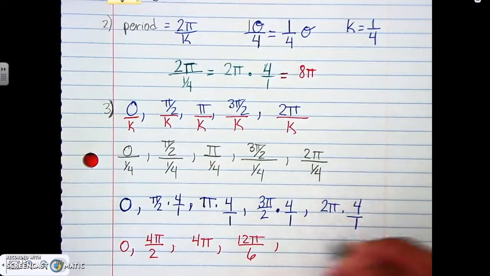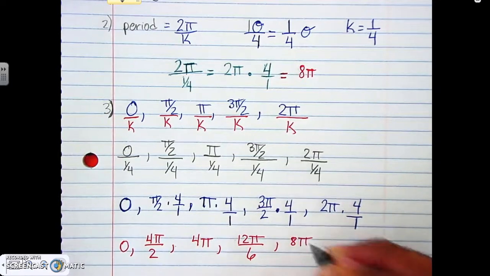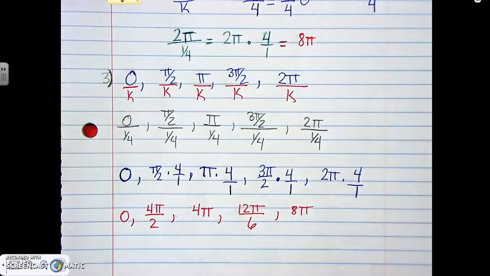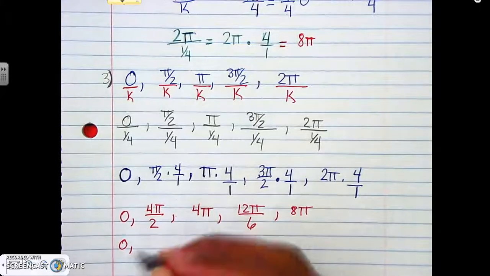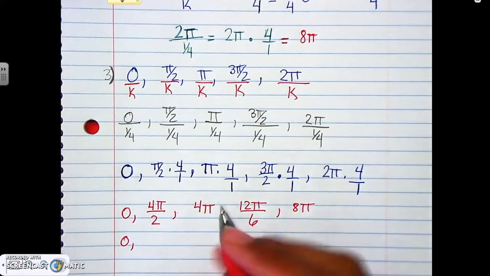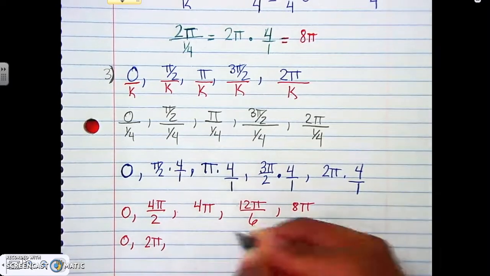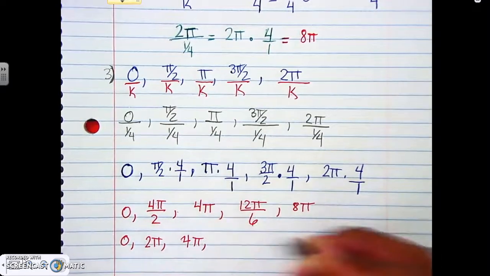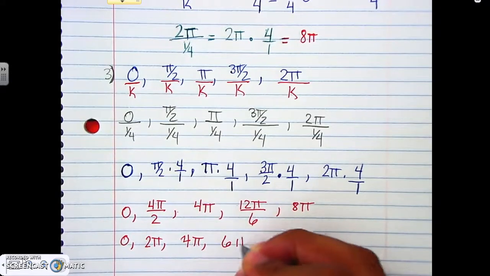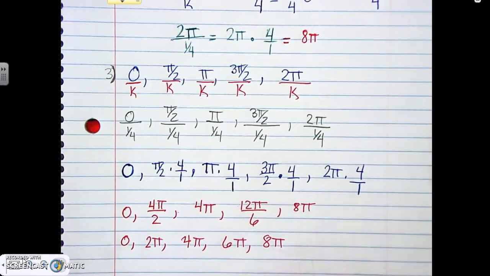And here, multiply straight across, that is 8 pi over 1, or 8 pi. And finally, when it comes to your test, make sure you simplify it down as far as possible. That gives us 2 pi, 4 pi, 6 pi, and 8 pi. Okay, so those are our new tick marks.